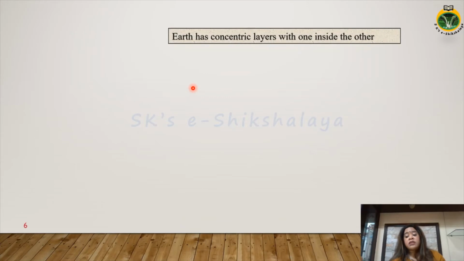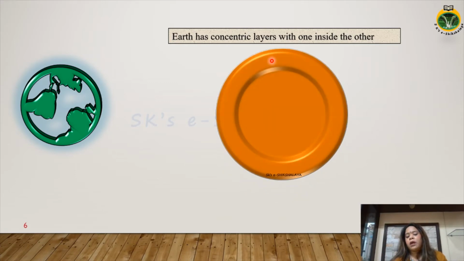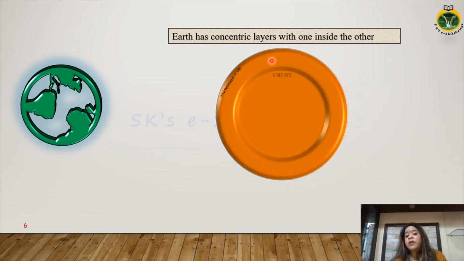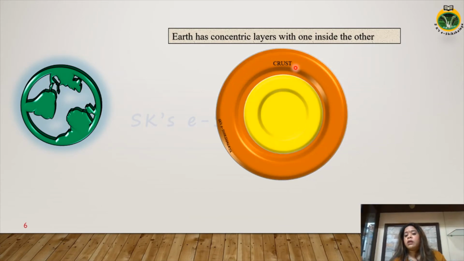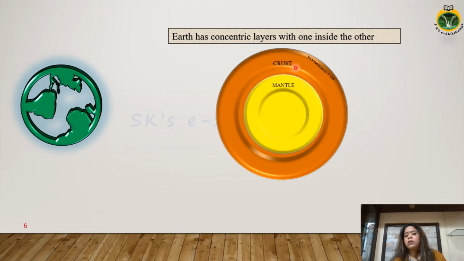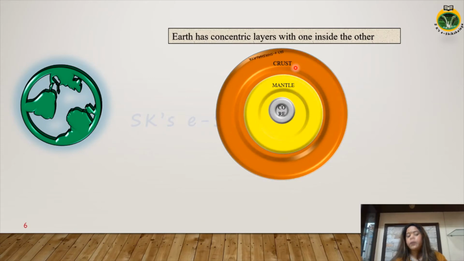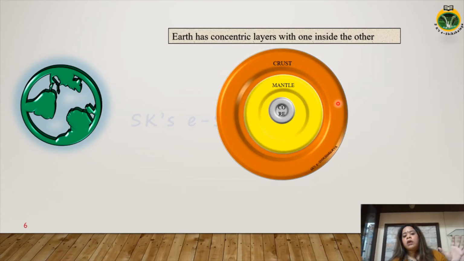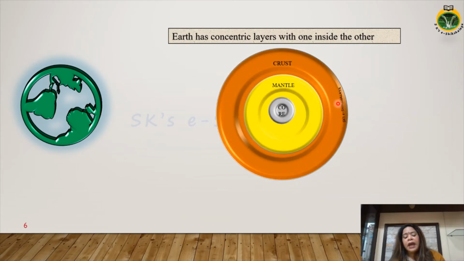Earth has concentric layers with one inside the other. So let's see this with the help of a diagram. Now this is the first layer, which is the crust, the topmost layer, then the mantle, and the core.